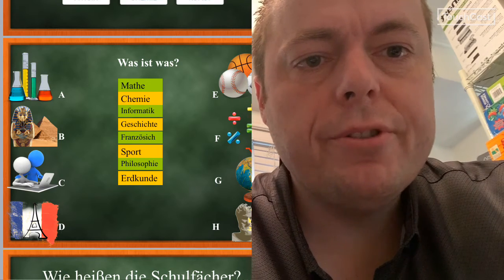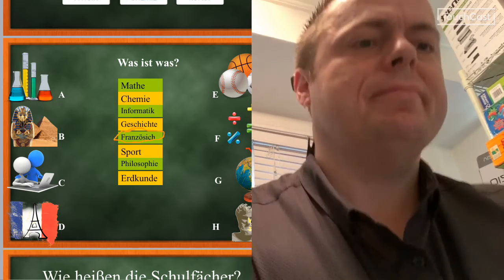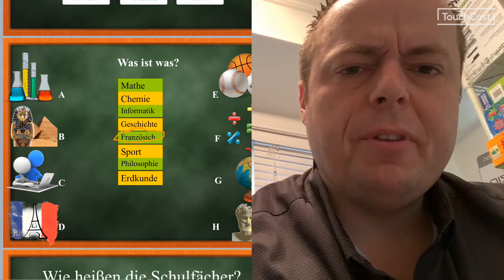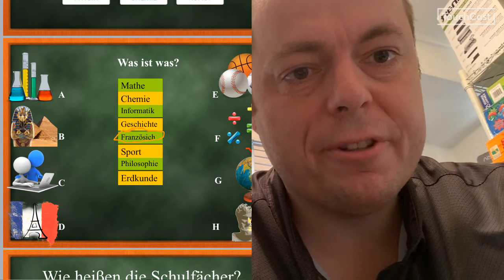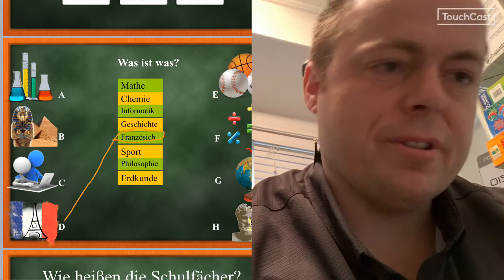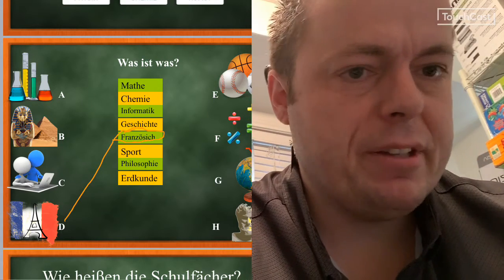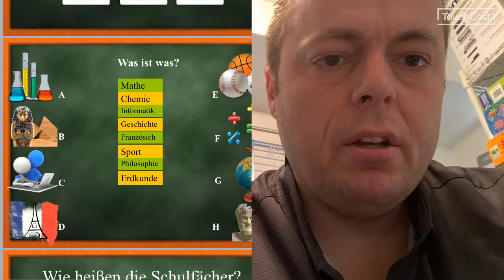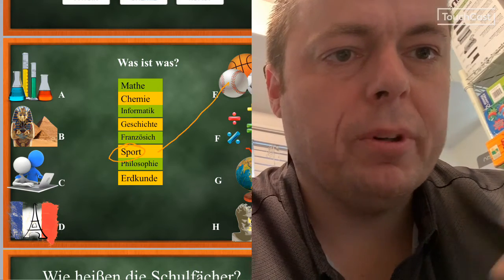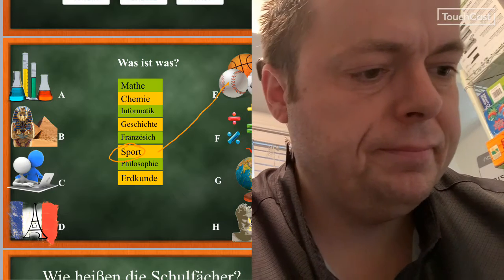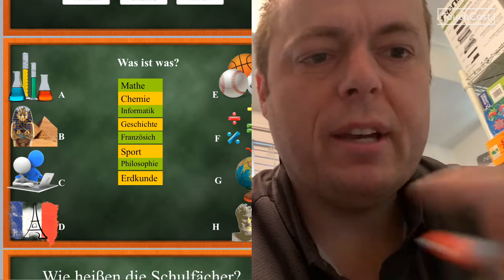Then we have Französisch. This one was not in the previous slide. But Französisch ist eine Sprache, wie Deutsch. Französisch. French. That's how you say it. Then we got Sport. You can kind of guess the Sport goes up here, right? Then we got Philosophie.